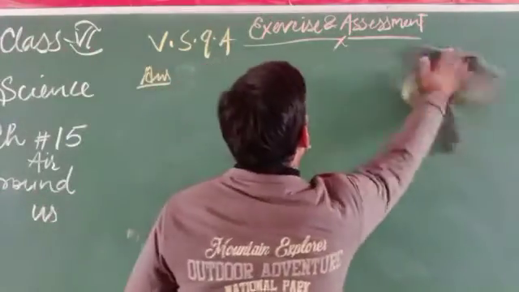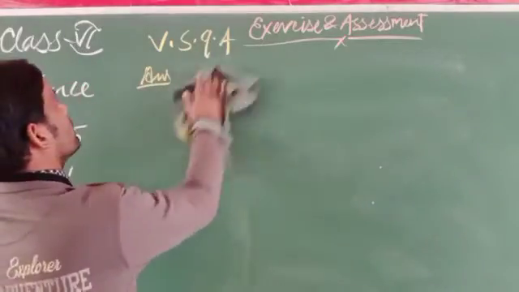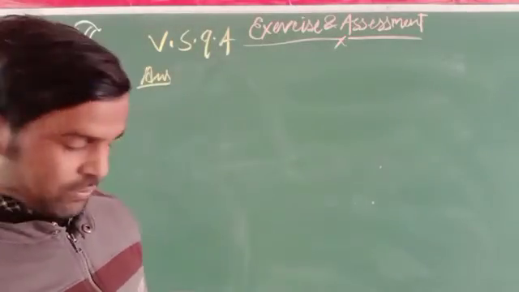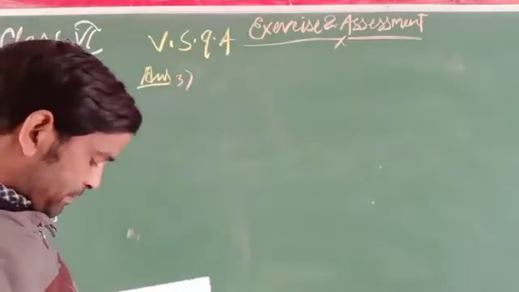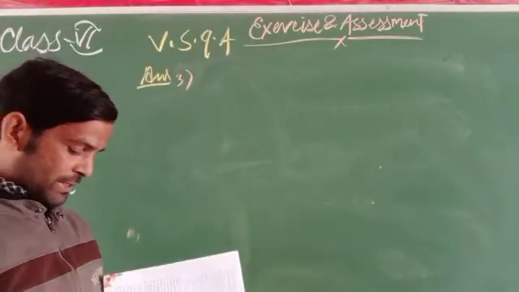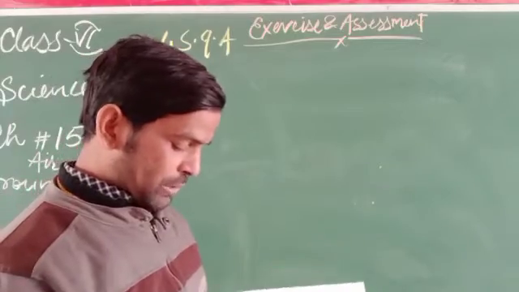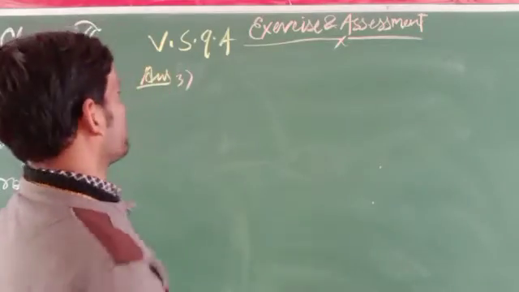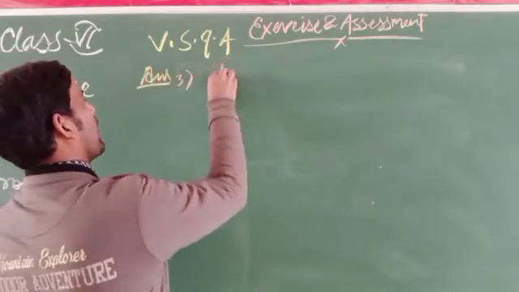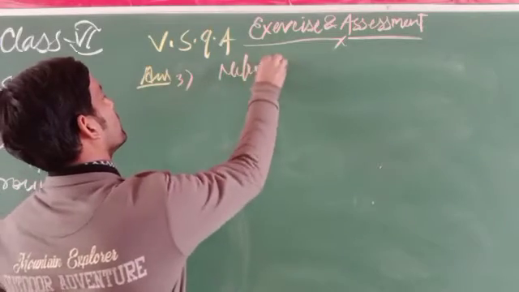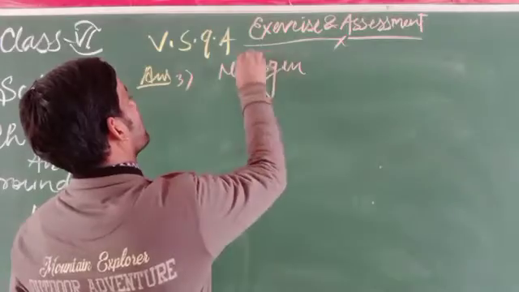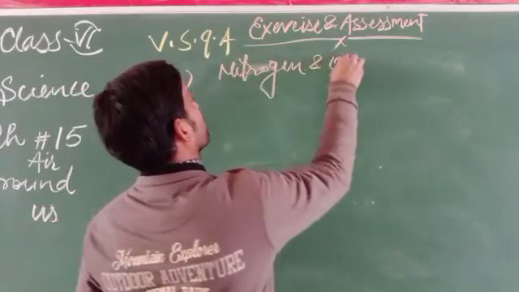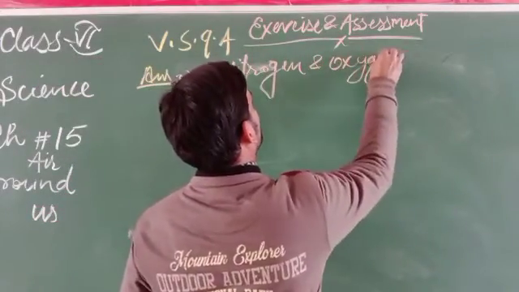Question number 3 is: which two gases constitute about 99% of air? Nitrogen and oxygen.